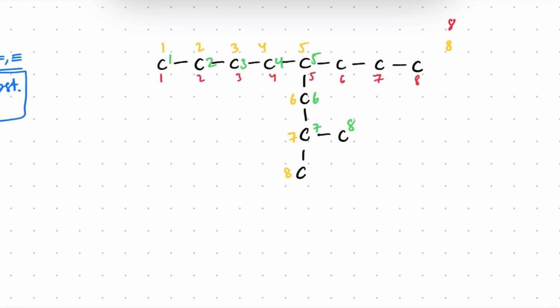Now, these are 3 possibilities that we're looking at, and all 3 of these possibilities have an 8-membered carbon chain. Of these 3 possibilities, 2 of them are identical. Can you figure out which 2 they are? That's right. The 2 that are identical are the yellow and the green ones, these 2 right here, because they both have one methyl substituent.